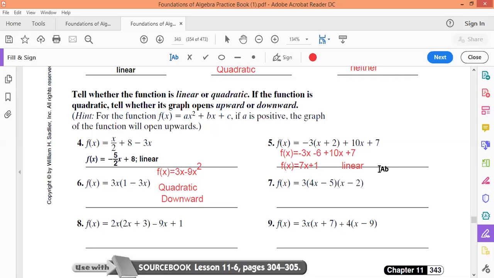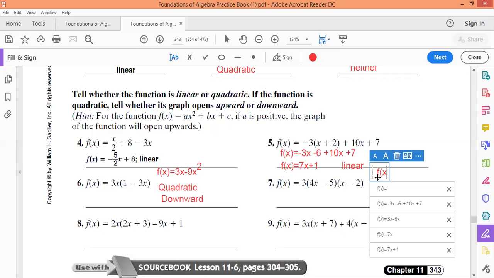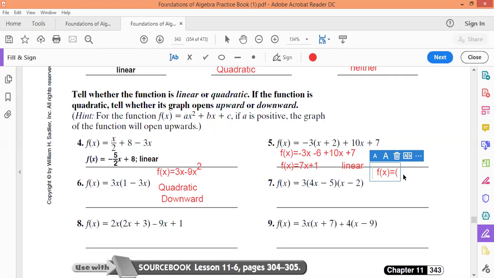Next question. f of x is equals to 3 into 4x minus 5, then multiplied again by x minus 2. First we will multiply 3 inside with 4x and negative 5. So it will be f of x. And tell me now, Mazin, when you multiply 3 with 4, 12x.